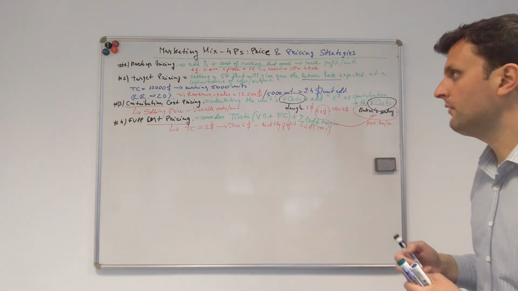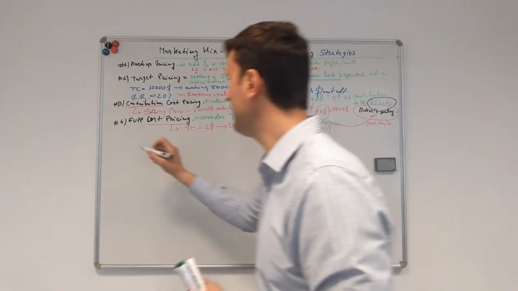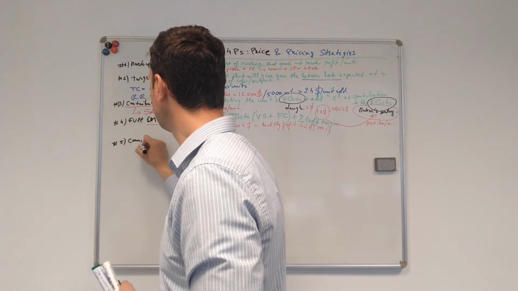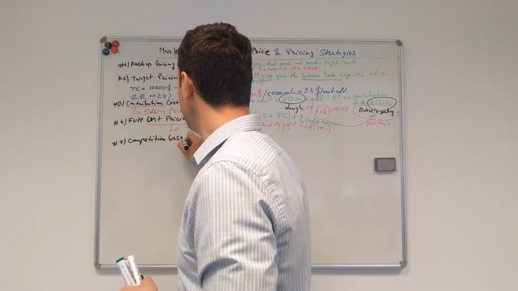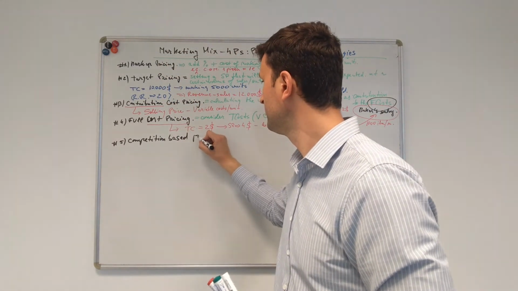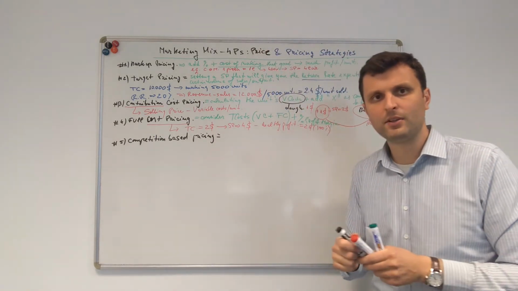Number 5 is known as competition-based pricing. I think even the word gives it away.